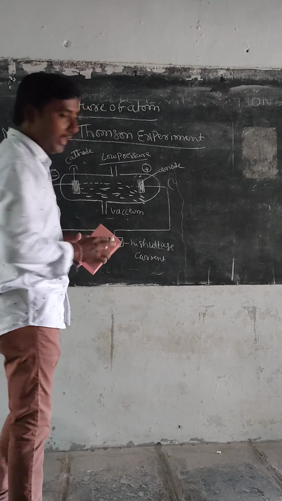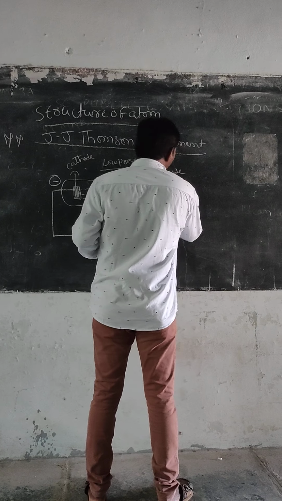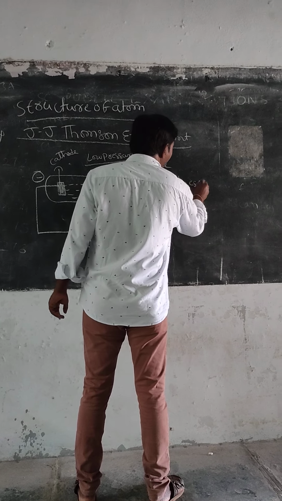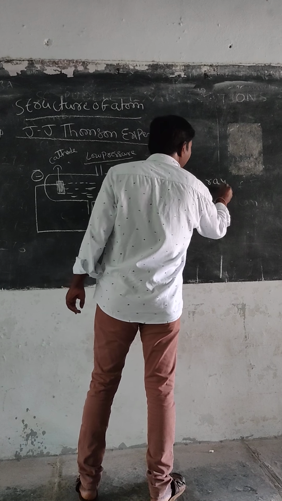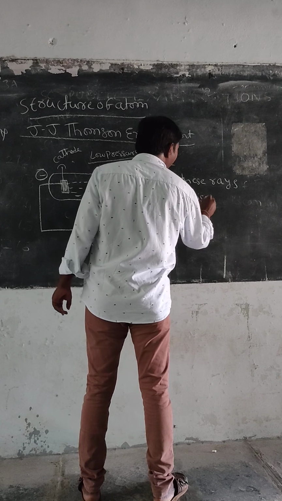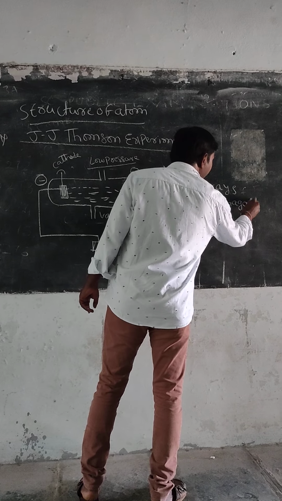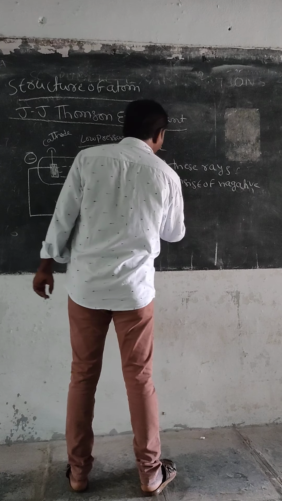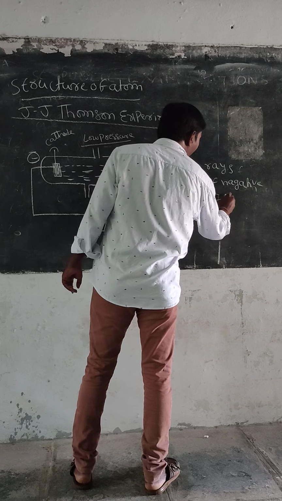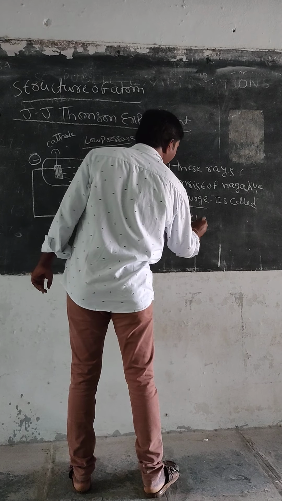Next, the nature. The fifth point you observe is that these particles or rays consist of negative charge. Negative charge particles are called electrons.